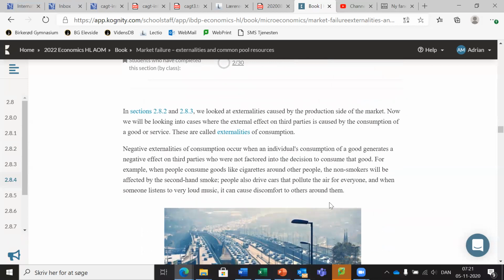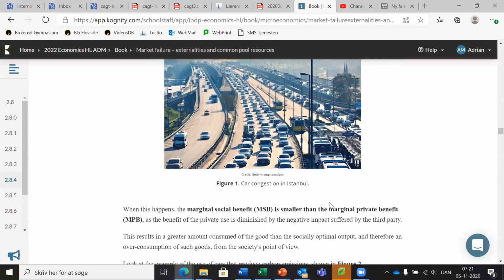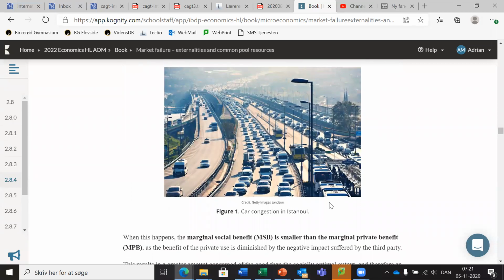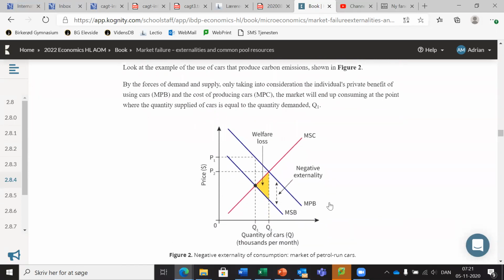Okay, and then the last one here we'll talk about is a negative externality of consumption. Car congestion is one. So basically everyone driving the car to work. Have a read of this section here. We have an overconsumption because each person driving to work doesn't take into account the pollution they're causing.